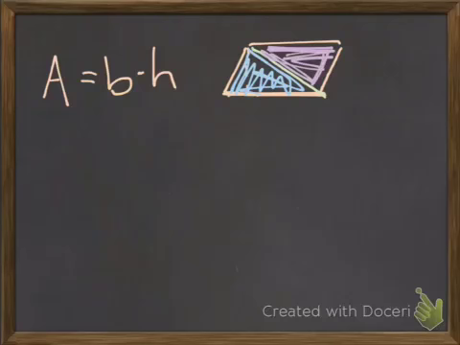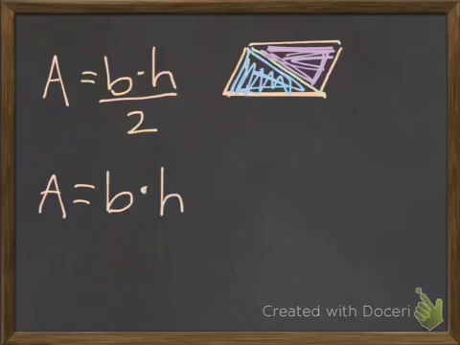If this whole thing is base times height, but I just want half of it to get a triangle, the area for finding a triangle is going to be A equals B times H divided by 2. So you can write it like this. It's the same to say A equals B times H divided by 2 this way. Okay, this is for a triangle.